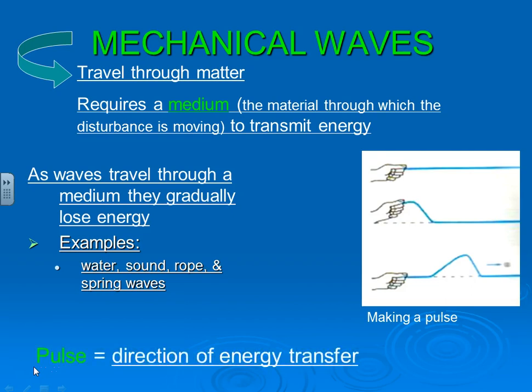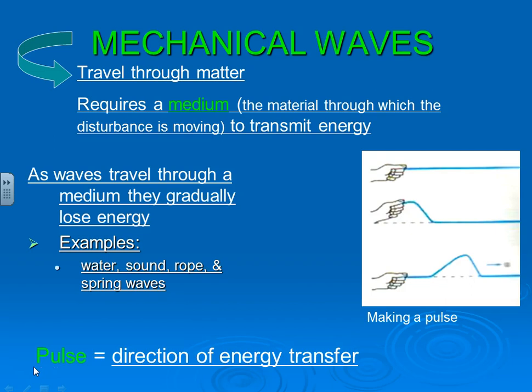One more term that you will hear during this unit is the word pulse. Basically, it's that initial movement that creates the direction of energy transfer. During an earthquake, a pulse would occur at the epicenter of the earthquake.